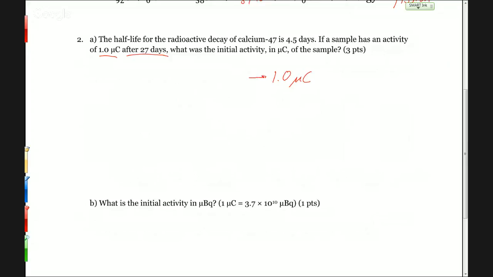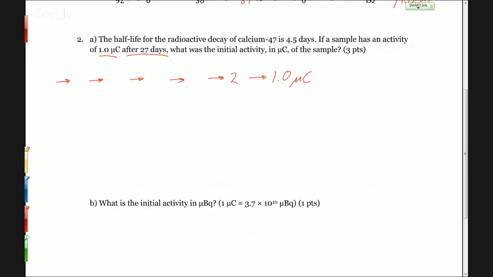So we have to go 6 half-lives. 1, 2, 3, 4, 5, we need one more. 1, 2, 3, 4, 5, 6 half-lives. So after 6 half-lives, we've got 1. Then we count back to see what we started at.